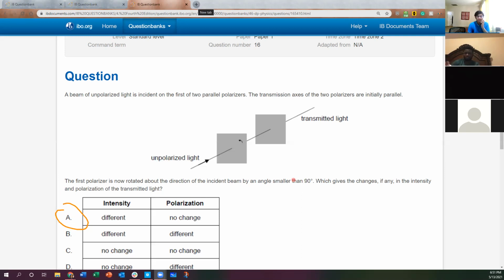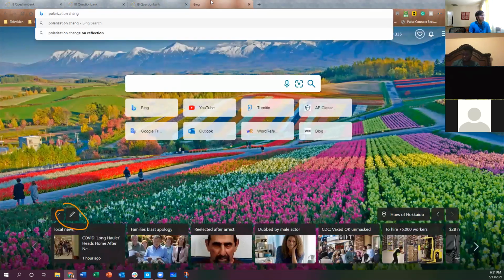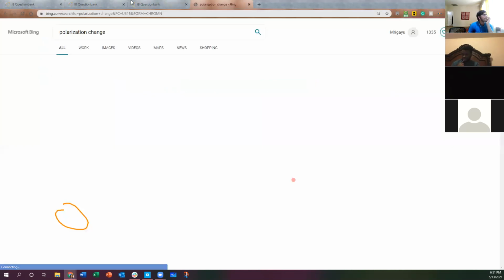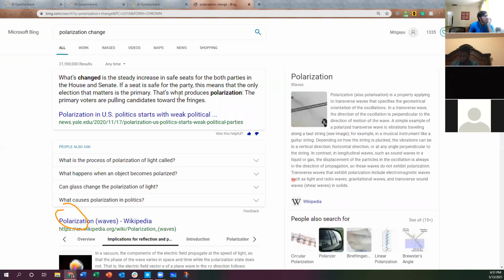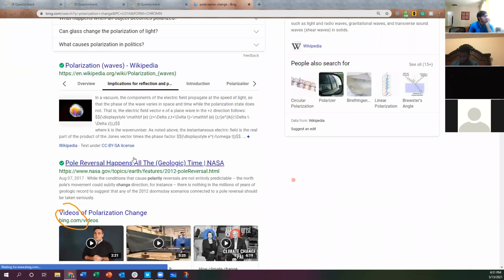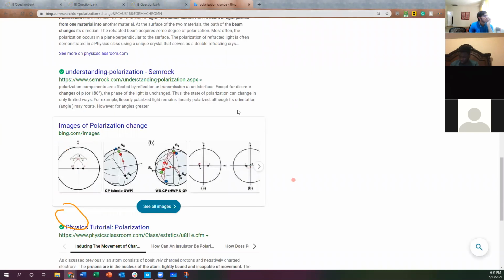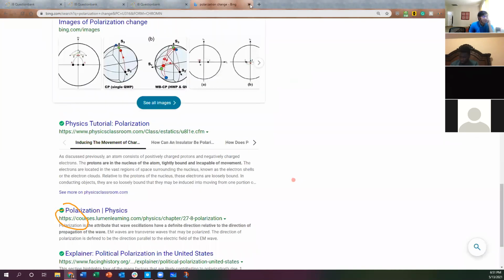Let's see. No? Okay, let's search it up. Maybe we might get an answer. Polarization change. Not political polarization. Okay.